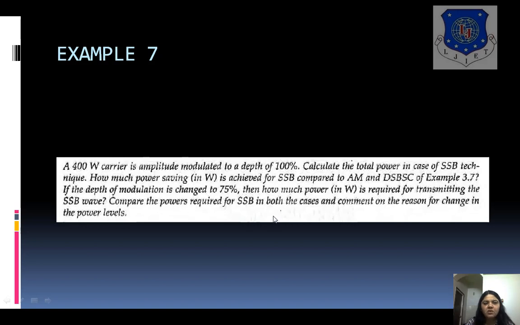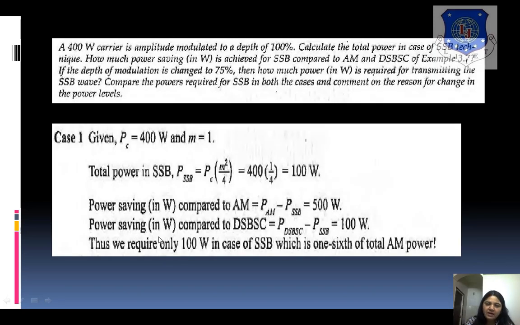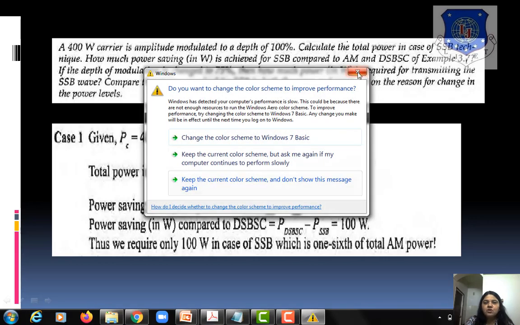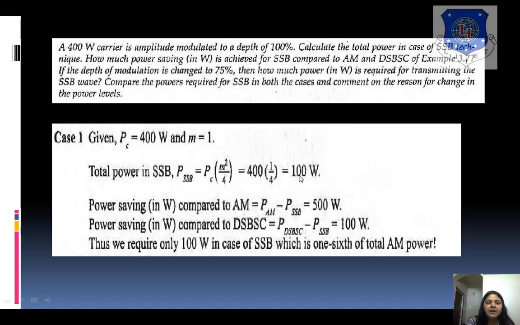Compare the powers required for SSB in both the cases and comment on the reason for the change in the power level. So now the total power in SSB, PSSB is equal to PC in bracket m square upon 4. PC is 400 watt and m equal to 1. So by putting that value, the total power in the SSB, means only one sideband, single sideband, is 100 watt.